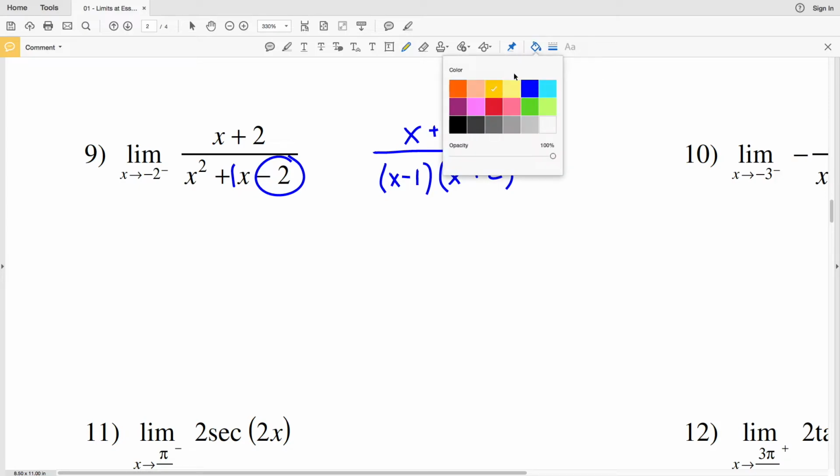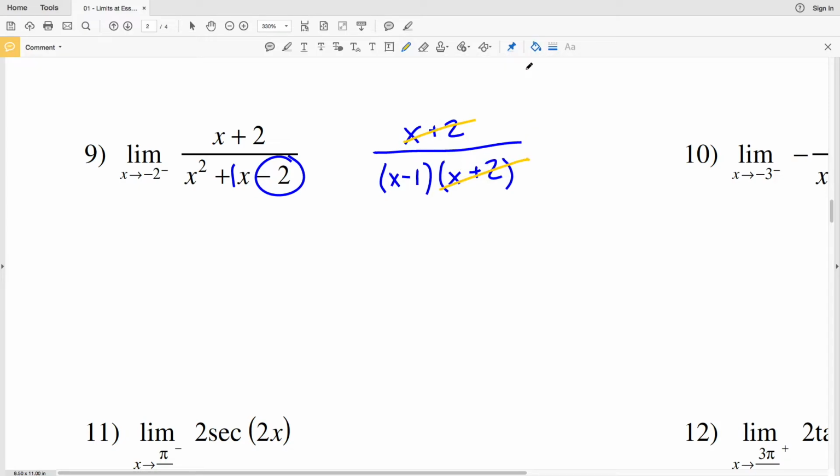But wait, we can cancel out x plus 2 and x plus 2. So we have that the limit as x approaches -2 from the left is equivalent to 1 over x minus 1.